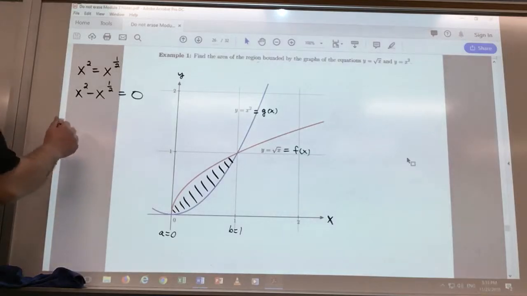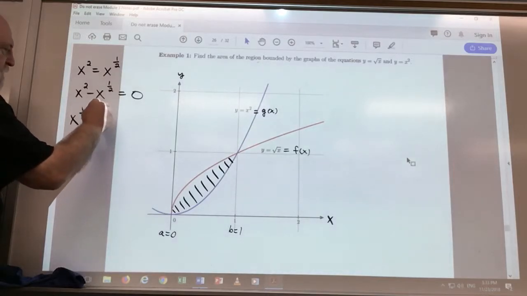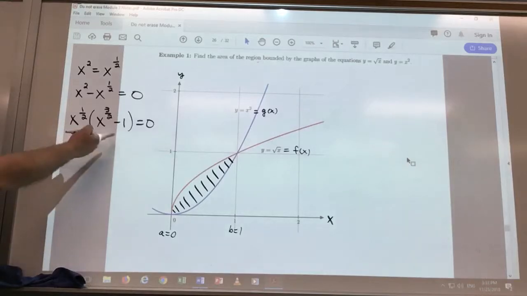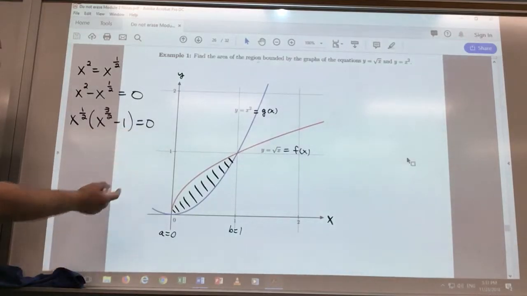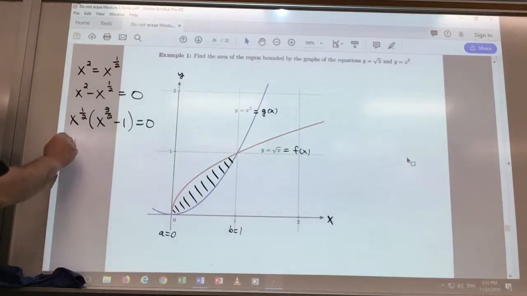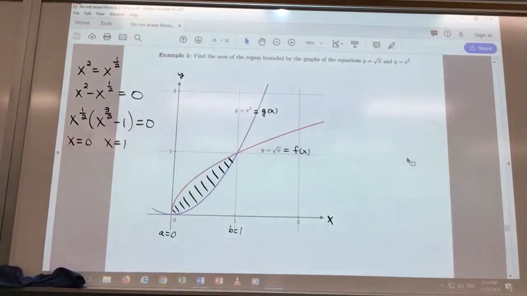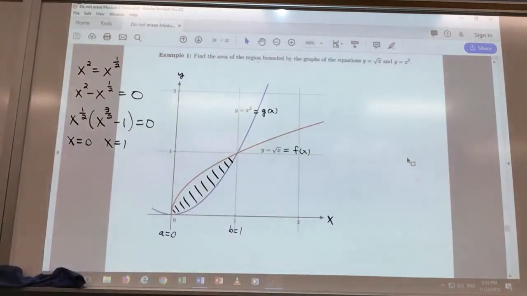If you factor out x to the 1/2, you get x to the 1/2 times x to the 3/2 minus 1 equals 0. By the zero product property, x to the 1/2 has to equal 0, or x to the 3/2 minus 1 has to equal 0, and you end up with x equal to 0 or x equal to 1, which are a and b.